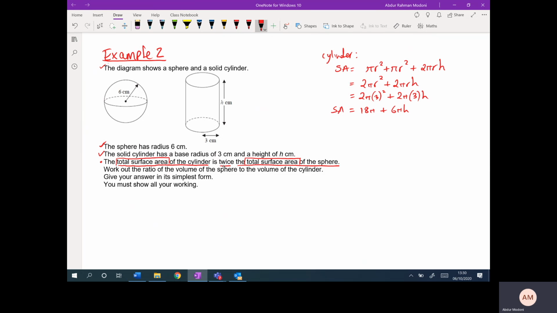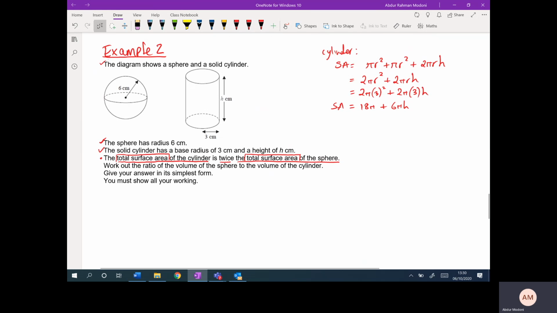Now, even though it says the surface area of the cylinder is twice the total surface of this sphere, we're not going to just go and double or half one of them. We're going to form another expression for the total surface area of the sphere. So now I'll write down here sphere.